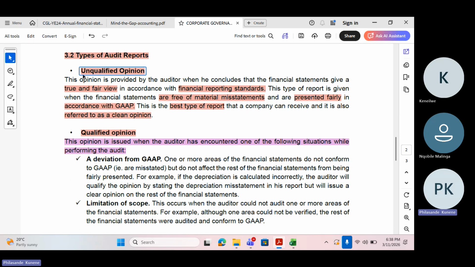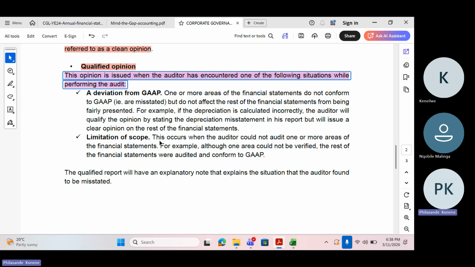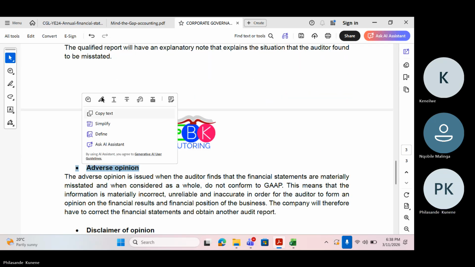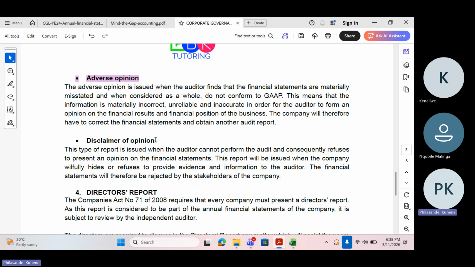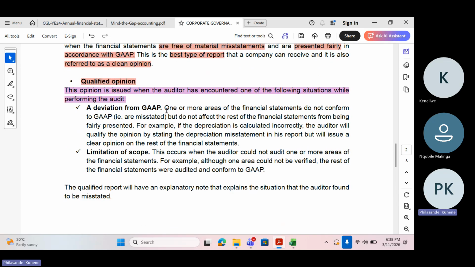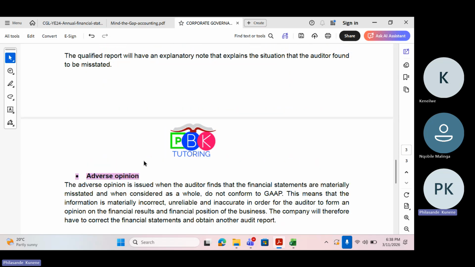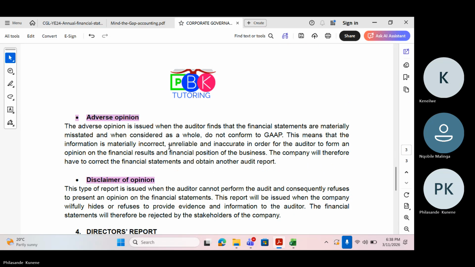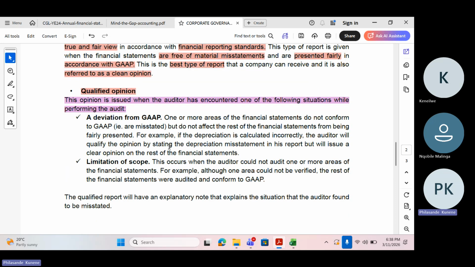The only opinion that is good is unqualified. All these others, qualified opinion, adverse opinion, disclaimer, are not right. Qualified is not right, but better than the adverse and disclaimer. Disclaimer is the worst. But let's see what qualified means.